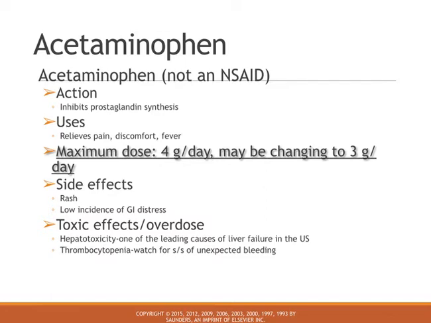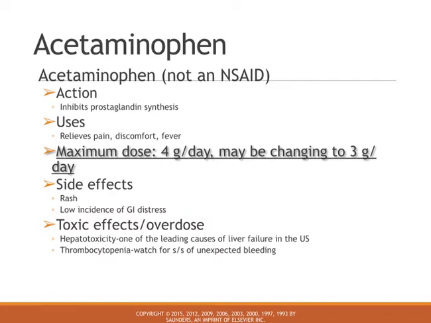Now, for elderly patients, it is 3 grams per day, and there are rumors that guidelines are going to be changing to 3 grams per day for everybody, but that hasn't come down the pipeline yet. And it's important to remember that taking too much Tylenol can damage your liver.